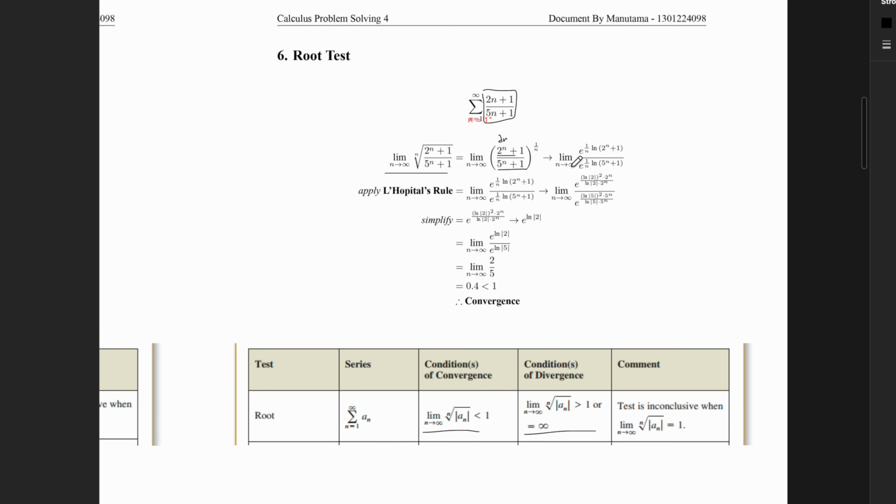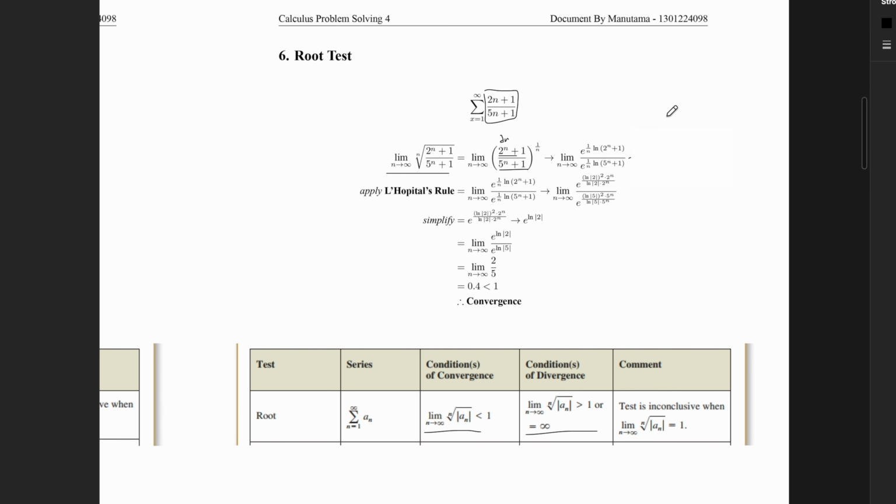If we put n to infinity, we get infinity over infinity.